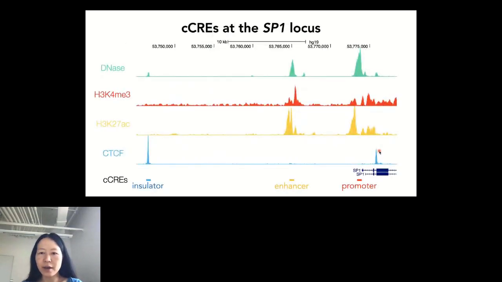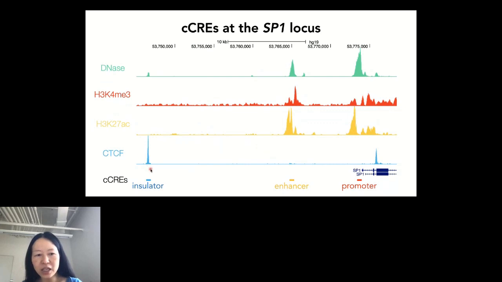So here is a characteristic genome browser view of a locus near the SP1 gene. And you see open chromatin regions by DNase, 2 characteristic histone modifications. K4me3 is the characteristic modification for promoter, and the K27ac is the characteristic modification for active enhancers.